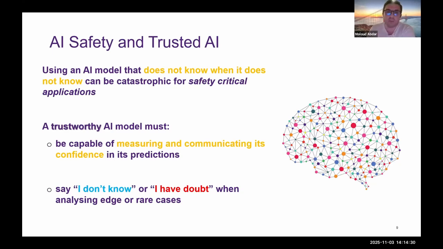A trustworthy AI model must be capable of measuring and communicating its confidence in its predictions. This is the first point. And the second point is to say, I don't know or I have doubt, when analyzing edge or rare cases. So this is kind of a link between trusted AI and safety.